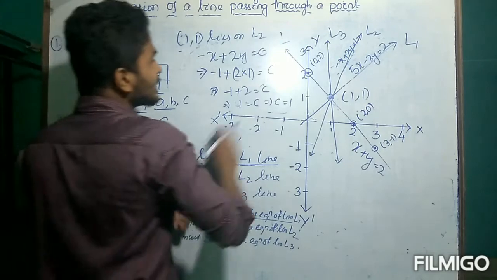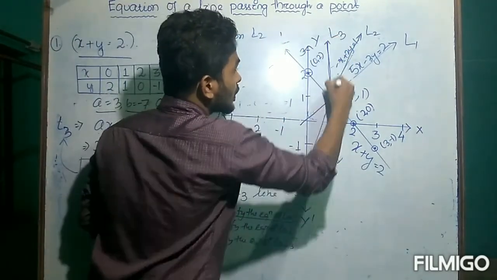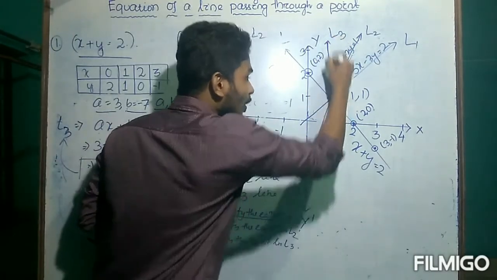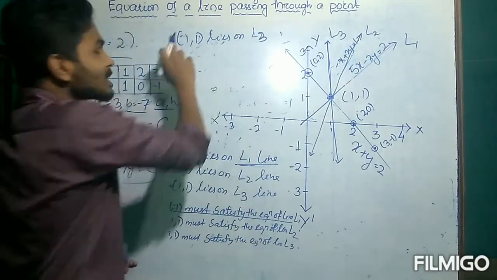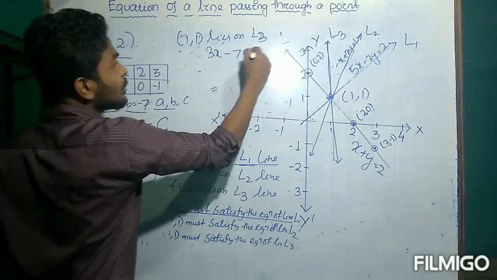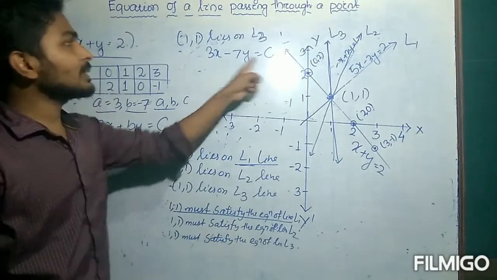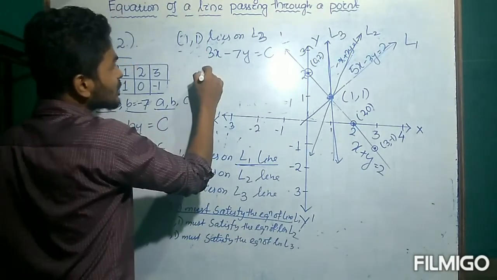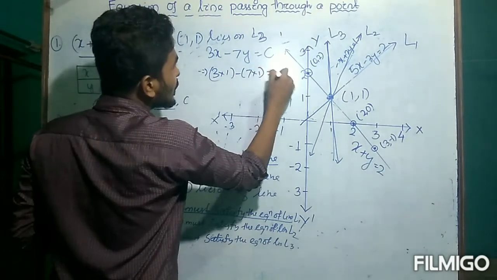Since this point should lie on the line L3, it must satisfy the equation 3x minus 7y is equal to c. So if you put x to be 1 and y to be 1 in this equation, then you should get LHS equal to RHS. So substitute x as 1 and y as 1 in the equation.